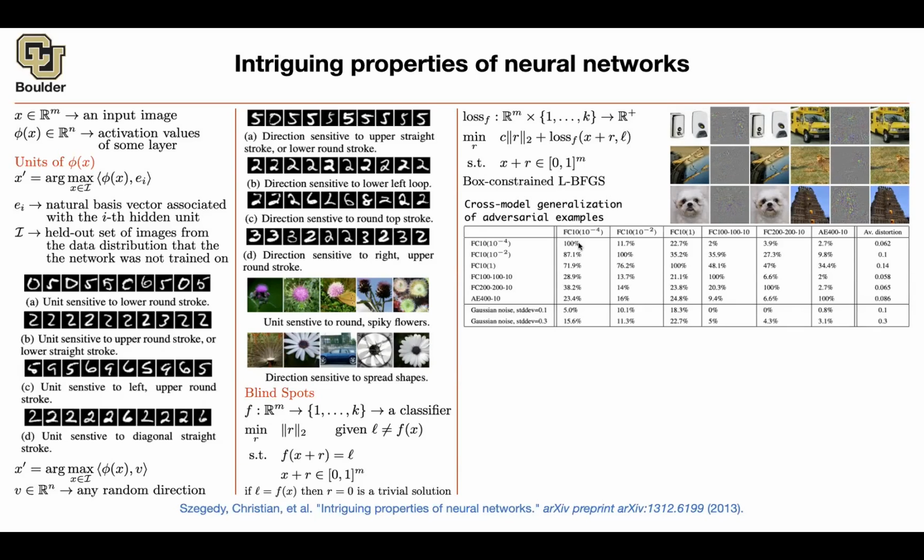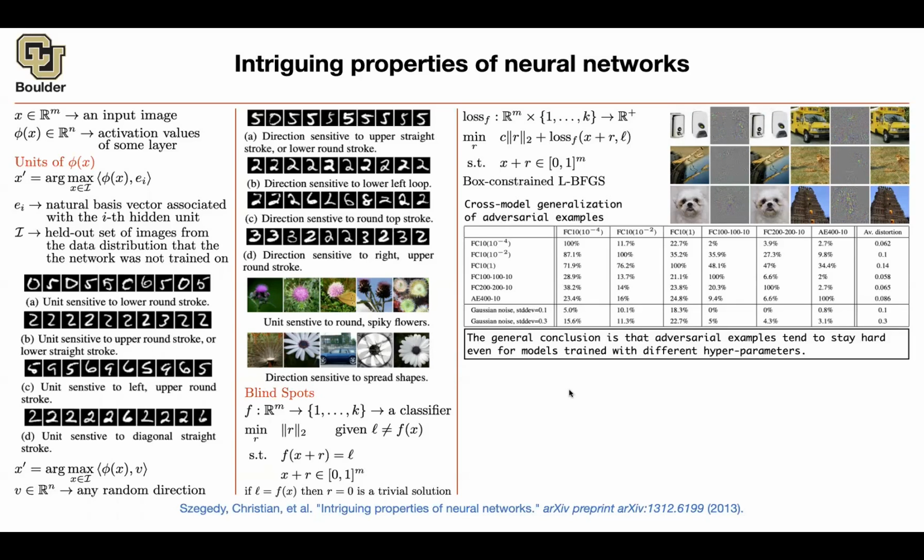You take the same examples and feed them into another network structure, and you're still confusing the network. So that's why this problem is huge and very intriguing: these adversarial examples are universal. You design them for a particular network and a particular data set, but they're going to mess up the predictions of another type of network trained on another type of data set. So the conclusion is that adversarial examples are hard even for models trained with different hyperparameters.